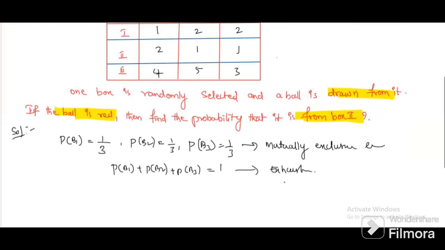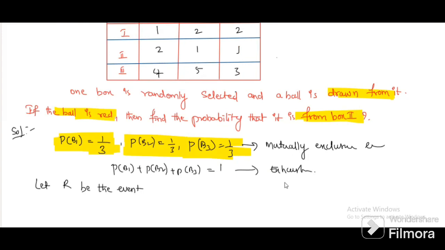Hope you understand this. The selection of box is equiprobable, in the sense all have the same probability. Let R be the event of getting a red ball. Let's think we selected box 1, and from that, what is the probability of selecting the red ball?